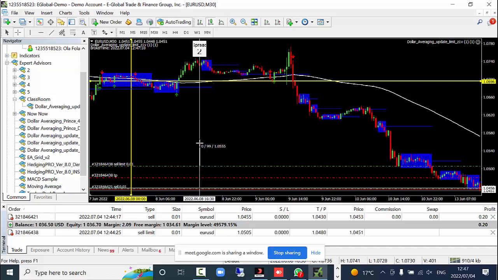Stop loss is here. You see? Our stop loss is somewhere here. For us to lose 1% of our account, the stop loss should be somewhere around here. Are we okay? No question?